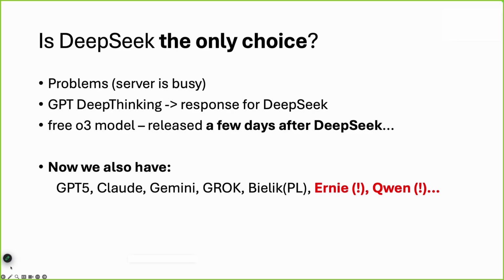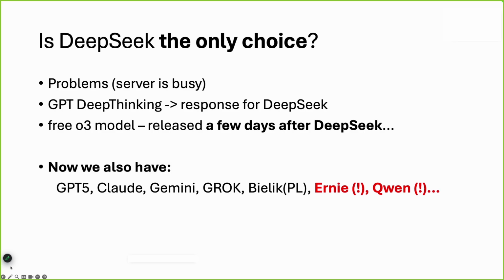Now let me stop a little bit with physics for a moment and tell you a little bit more about those chats and language models. What we have on the market for the moment is not only DeepSeek. We have GPT with deep thinking. If you didn't catch up with that, in the past when DeepSeek appeared, I tell you that was amazing.